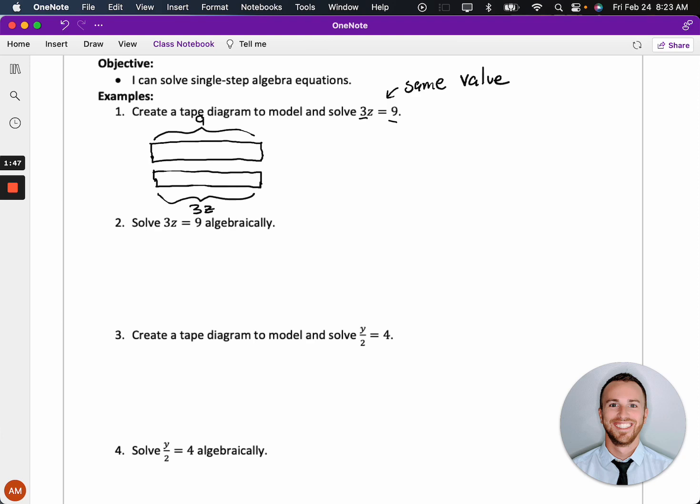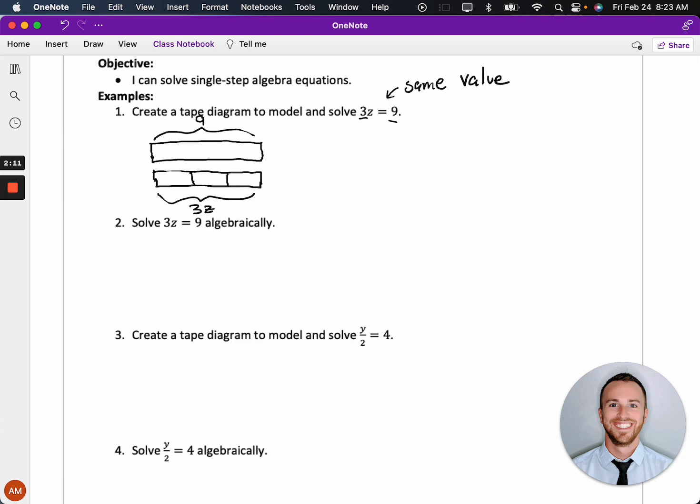Okay, so they're the same, right? One is worth 3z, one is worth 9, but they have the same value. My goal is to figure out what one of the z's is worth. How much is z? What is the value of z? Well, this bottom tape diagram represents 3 z's. So if I split this into 3 sections, each one is z.